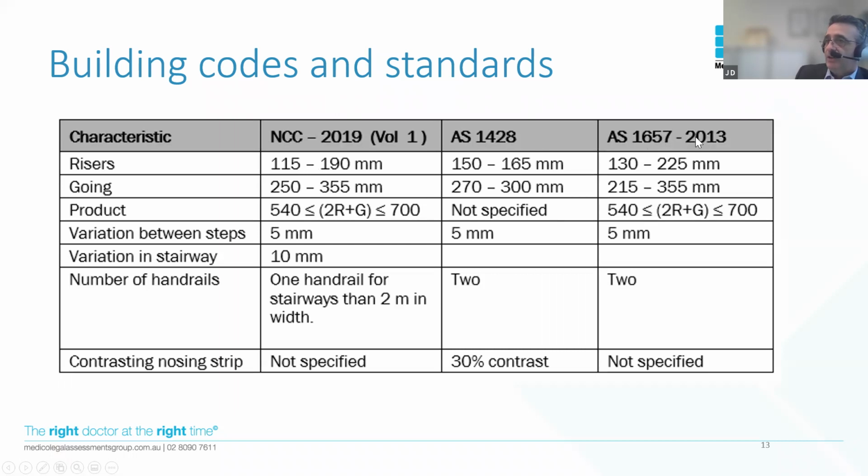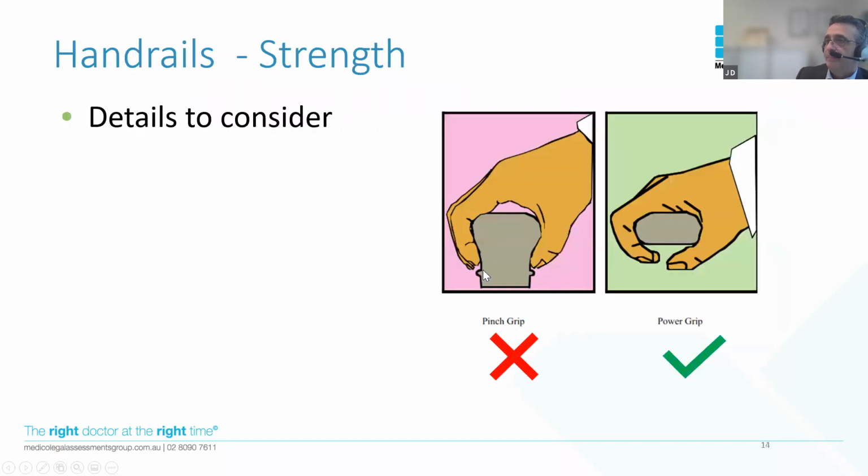The riser and going dimensions vary depending on the applicable code, but the variation between steps is almost consistently 5 millimeters as the largest variation allowed. There are also variations in the number of handrails required in the different stairways, and also contrasting nosing strips.